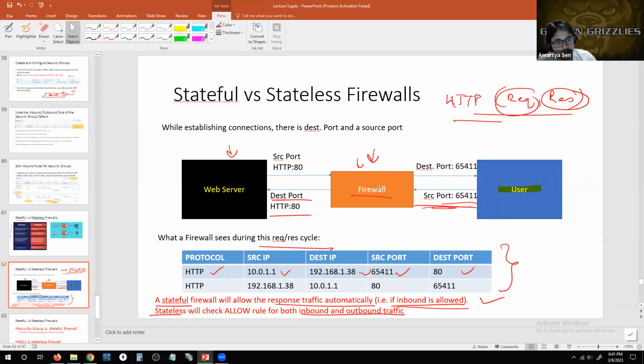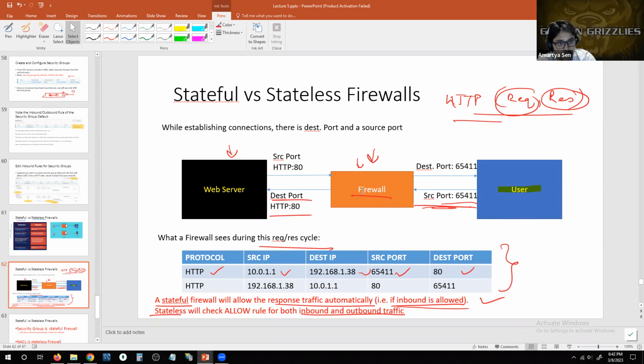Whenever a session is established, there is a cookie associated with that session that stores the information of the source of the inbound traffic, which is the user in that particular instance. Then it knows where the request came from. So when this inbound traffic comes to the firewall, the firewall will save all of this information when it sees it for the first time.